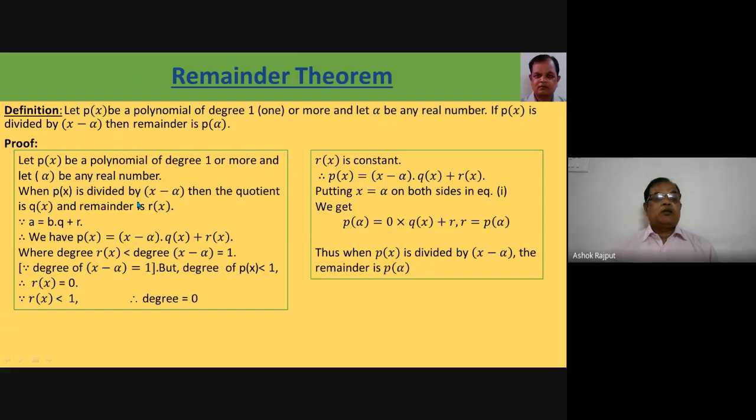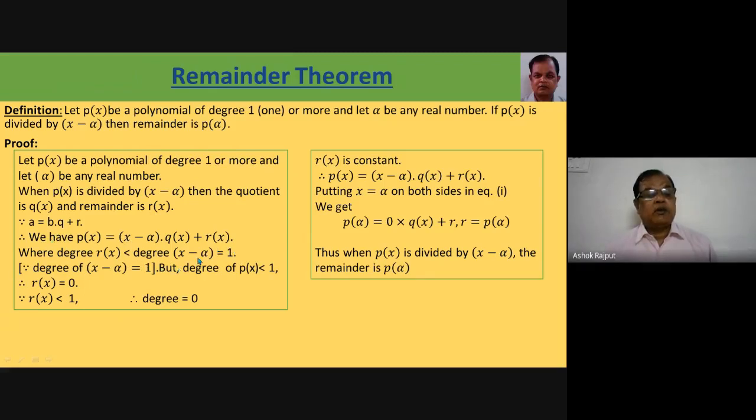When P(x) is divided by x minus alpha, the quotient is Q(x) and the remainder is R(x). So P(x) equals (x minus alpha) times Q(x) plus R(x).